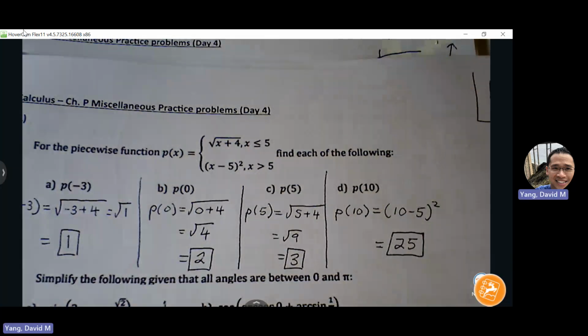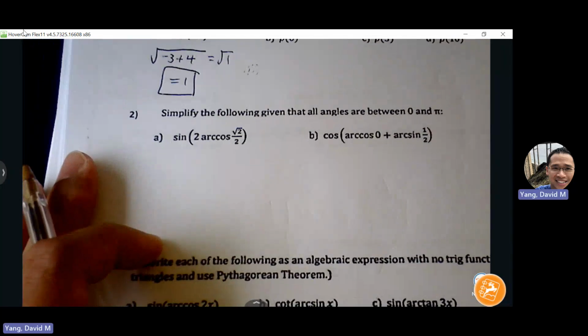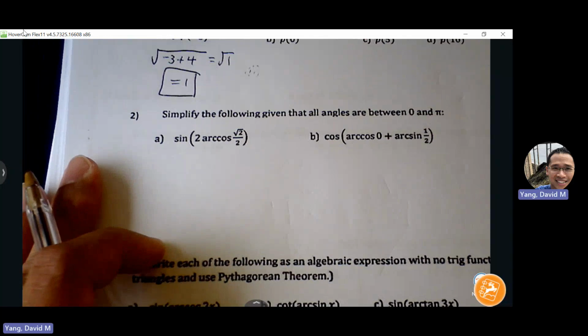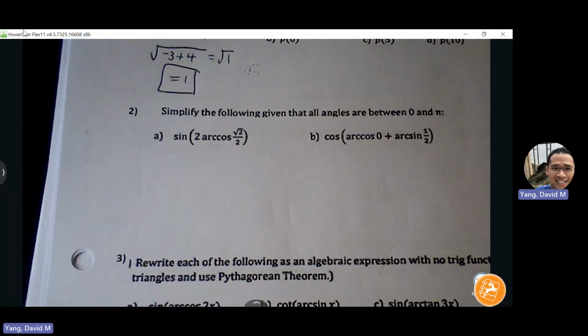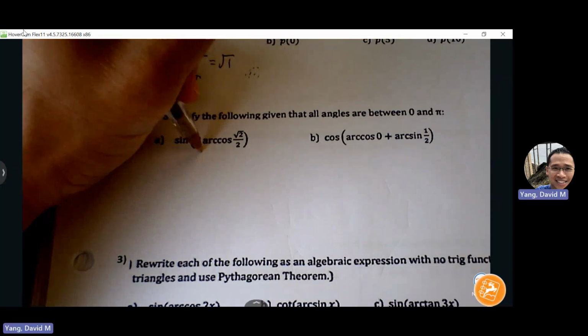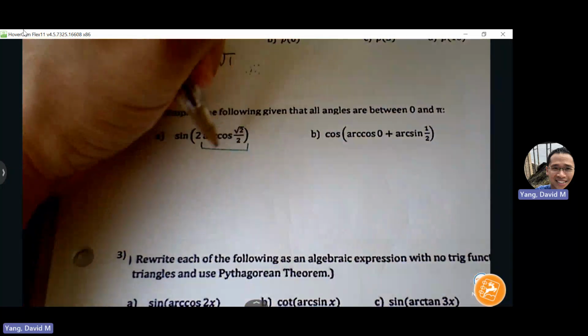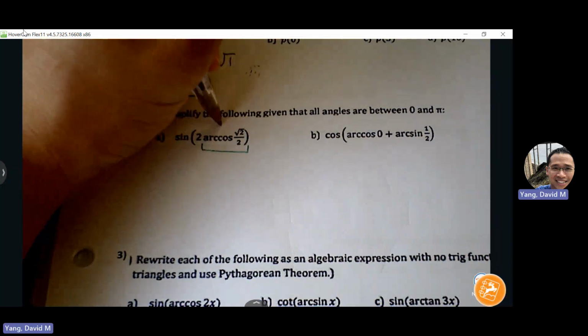Okay, so a little bit more into trig here. Simplify the following given all the angles are between 0 and pi. So it's saying find sine of 2 arc cosine of root 2 over 2. So let's break this down piece by piece here. This notation, arc cosine of root 2 over 2, is basically a notation saying this represents theta.